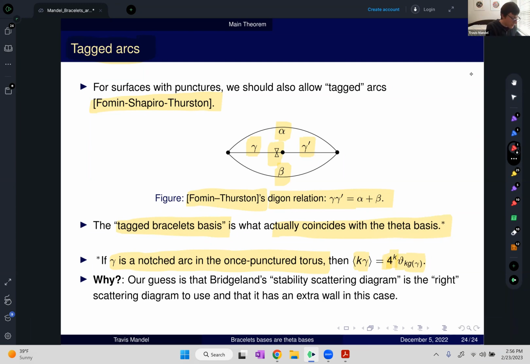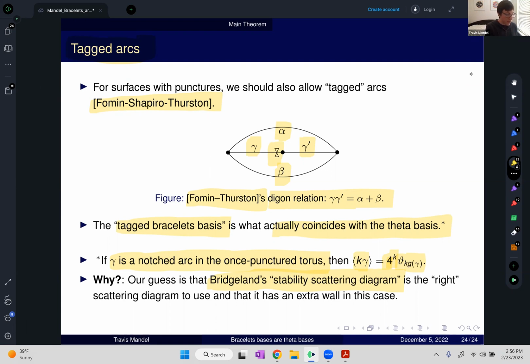Right, so we find this, and then you can ask, why is this one case different from all the others? And we think we know why. So we think that Bridgeland's stability scattering diagram, Tom Bridgeland has another construction of scattering diagrams based on representations of quivers.